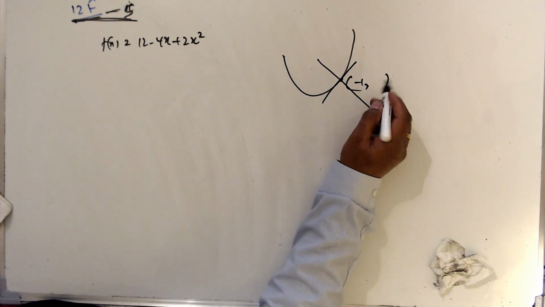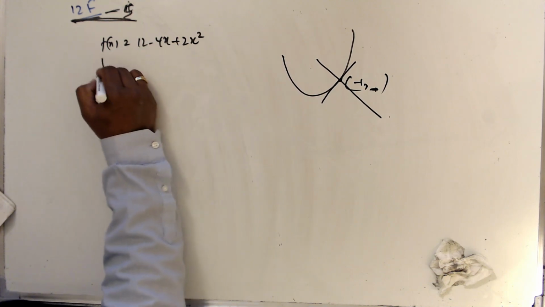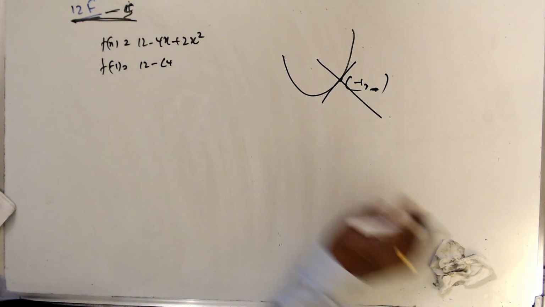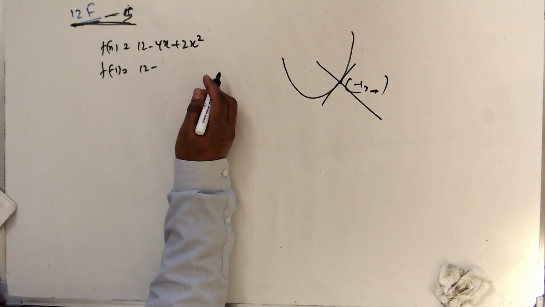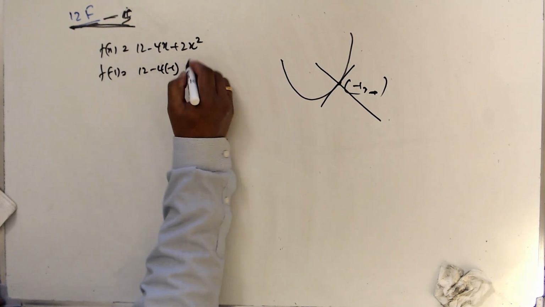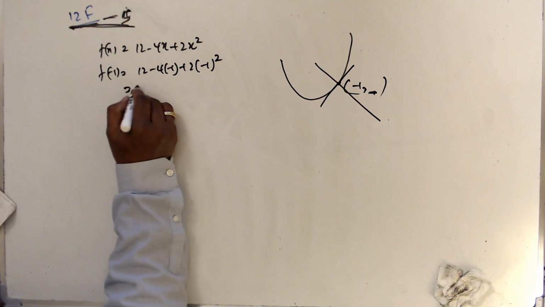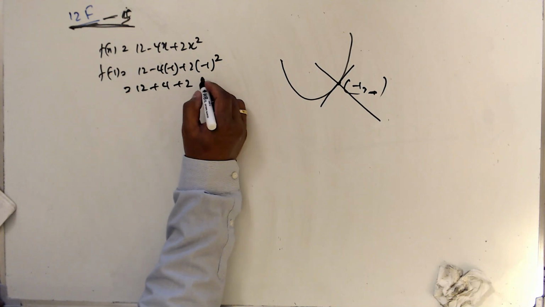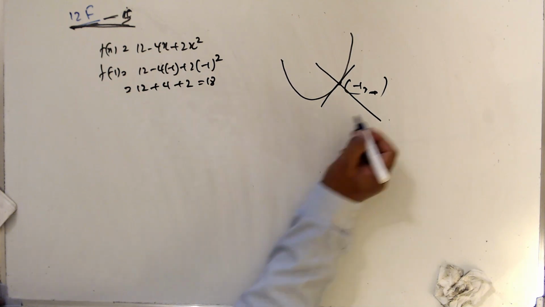Now to find the equation, we need this point as well, so we'll simplify this one. F of minus 1. So this point is 18.